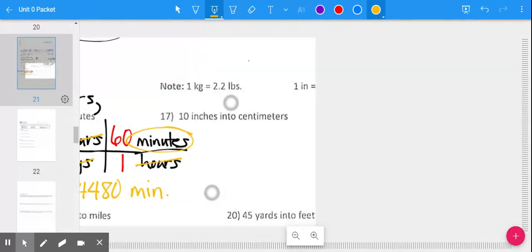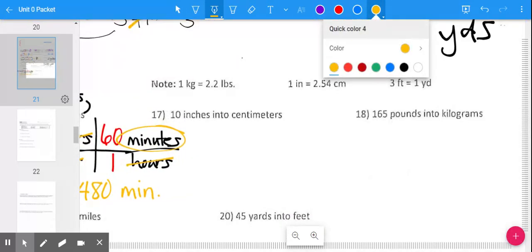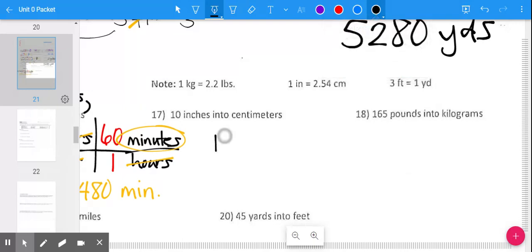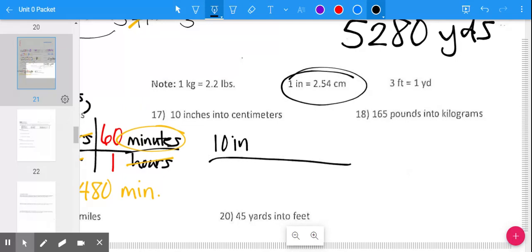So with the next one, we're going from inches to centimeters. So our given information is that 10 inches. And right here, it says 1 inch is 2.54 centimeters. So 10 inches to centimeters. Because of this conversion, we can go straight from inches to centimeters.